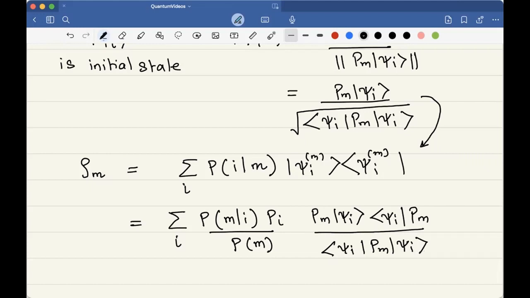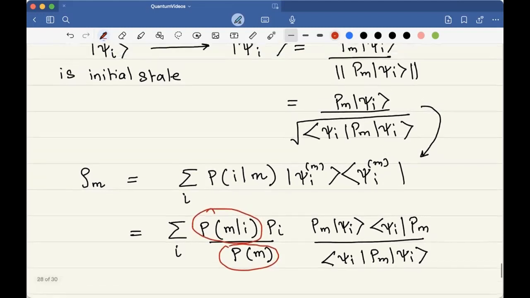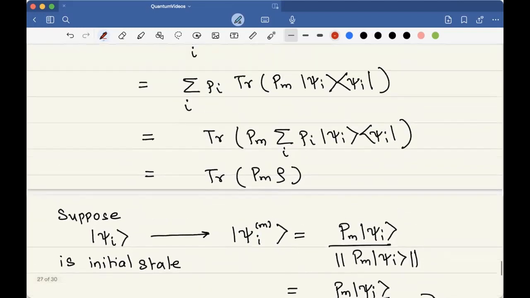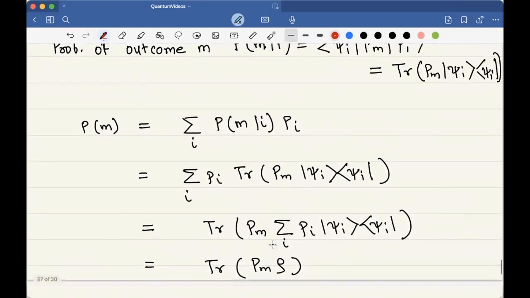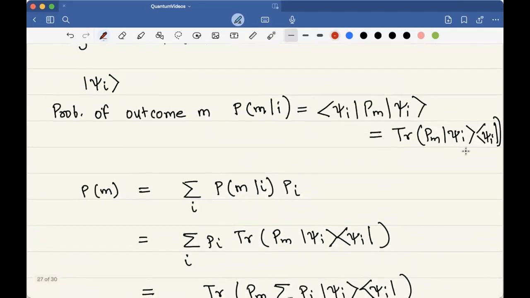Right. And then what I'm going to do is substitute this and this from the previous formulas that we have obtained. So if I go above, I have PM is trace of PM rho, and PM given I is actually this, right?